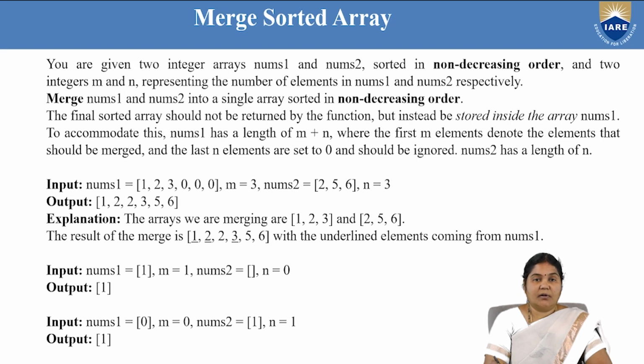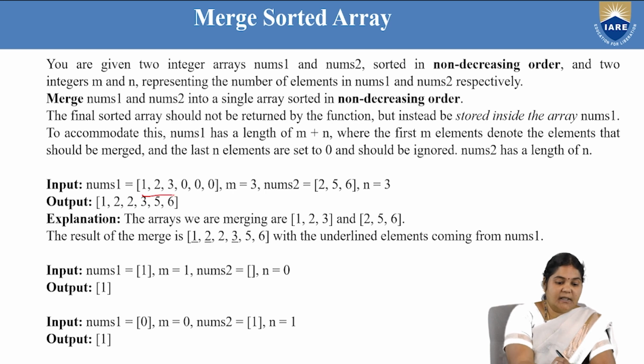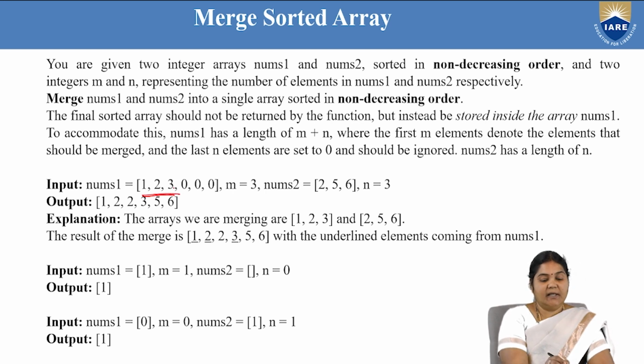The final sorted array should not be returned by the function, but instead be stored inside the array nums1. So it is in-place sorting. To accommodate this, nums1 has a length of m plus n, where the first m elements denote the elements that should be merged and the last n elements are represented as 0. You can see here, originally nums1 contains only 3 elements and these 3 are representing the length m plus n.